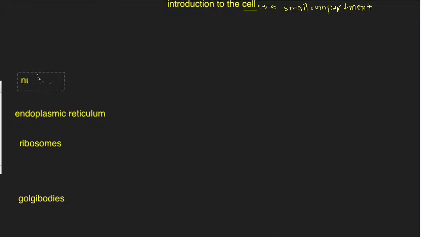One is called the eukaryotic cell, and the other is called the prokaryotic cell.